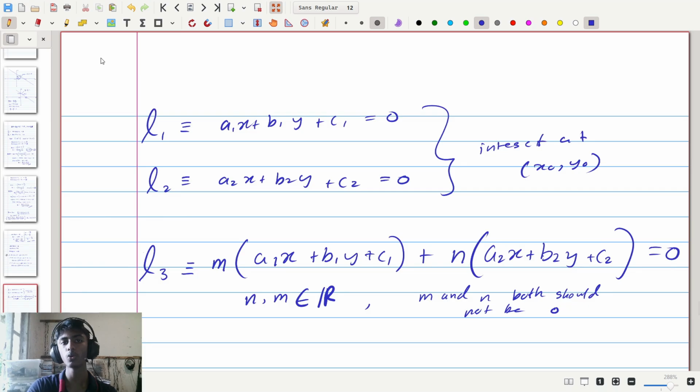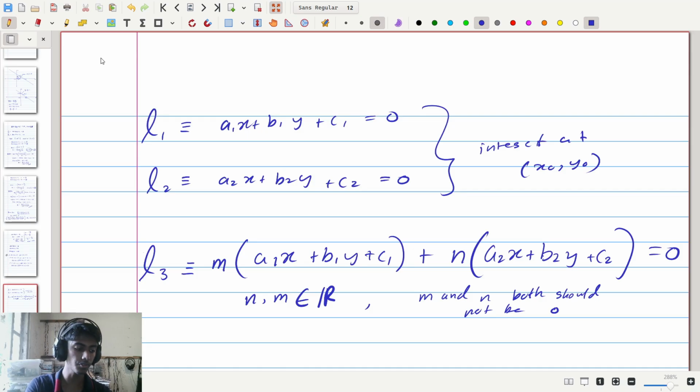So in conclusion, if we have two lines L1 and L2, where L1 is of the form A1x plus B1y plus C1 equals 0, and L2 is of the form A2x plus B2y plus C2 equals 0, and suppose they intersect at x0, y0, then any other line that also passes through the point x0, y0 can be given by m times the first function's equation, as in m times (a1x plus b1y plus c1), plus n times the second function, n times (a2x plus b2y plus c2), equal to 0, where m and n are two real numbers and m and n cannot both be equal to 0 at the same time.